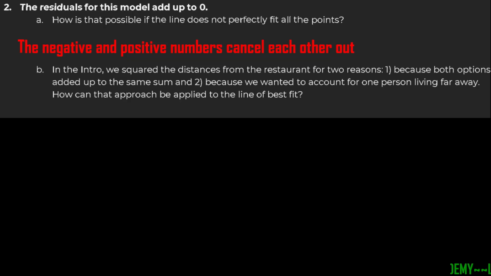Then for B, it says in the intro, we squared the distances from the restaurant for 2 reasons: because both options added up to the same sum, and because we wanted to account for one person living far away. How can that approach be applied to the line of best fit?